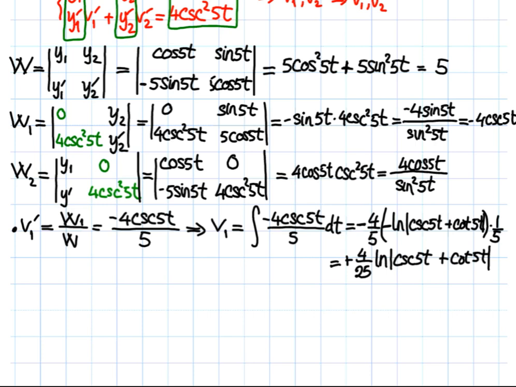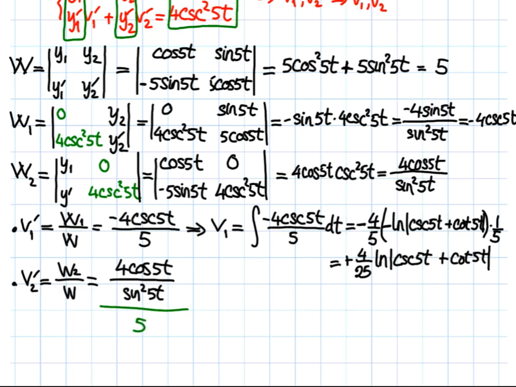V2. v2 prime is W2 over W. W2 is 4 cosine of 5t over sine square of 5t divided by 5. So put together, we should have 4 cosine of 5t over sine square of 5t. Now all of this divided by 5, which is multiplied by 1/5, so we're just going to put the 5 there.